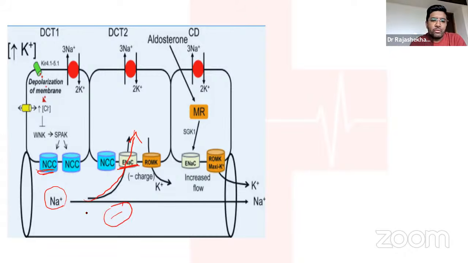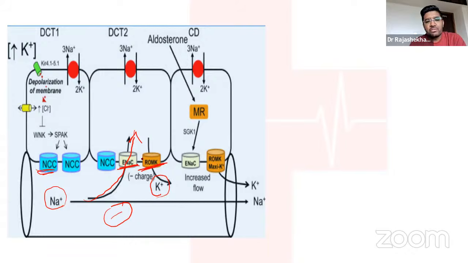We know that electroneutrality is the rule in the body. So if one positive ion is absorbed, one positive ion has to be secreted from the distal tubule. If sodium is absorbed, it is potassium that is secreted by the very important receptor called the ROMK.